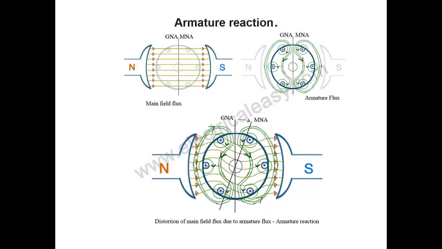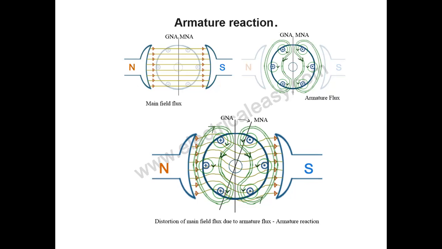You can see in the diagram GNA and MNA both coincide when there is no load on the DC generator.